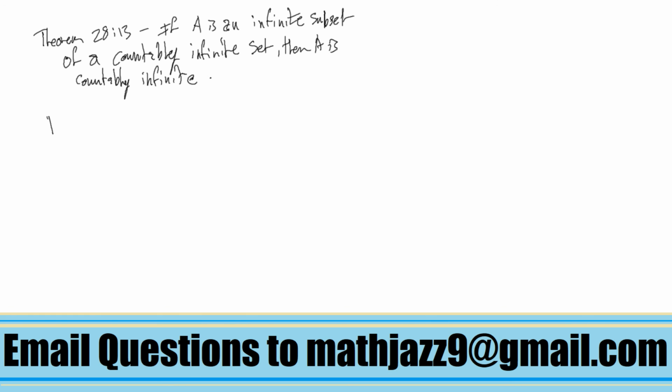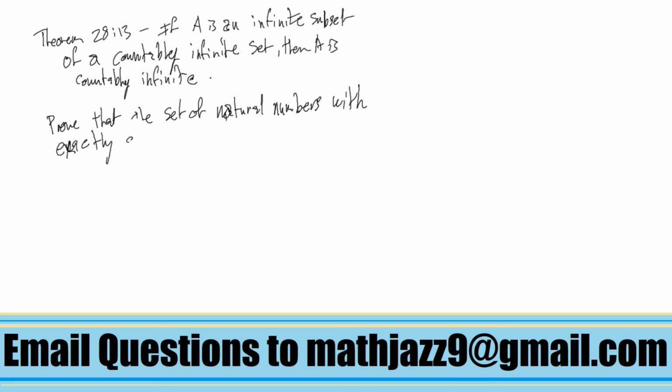So we want to prove that the set of natural numbers with exactly one 7 in its decimal representation is countably infinite.